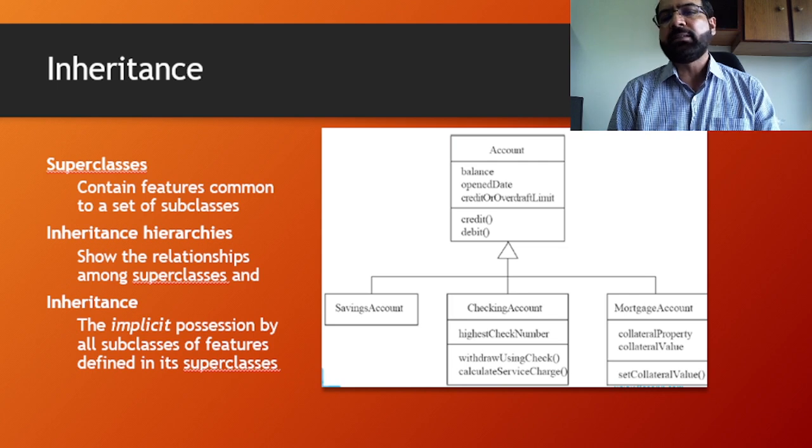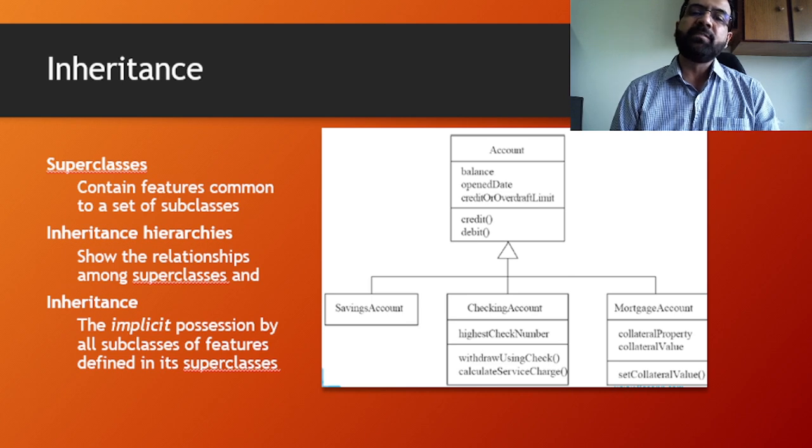The last concept which we want to discuss is inheritance, which should be very clear, because whenever we talk about relationships among objects or among classes, we need to know that there are certain types of relationship which exist among them. One of those is called inheritance, which is one of the core principles of the object oriented paradigm.